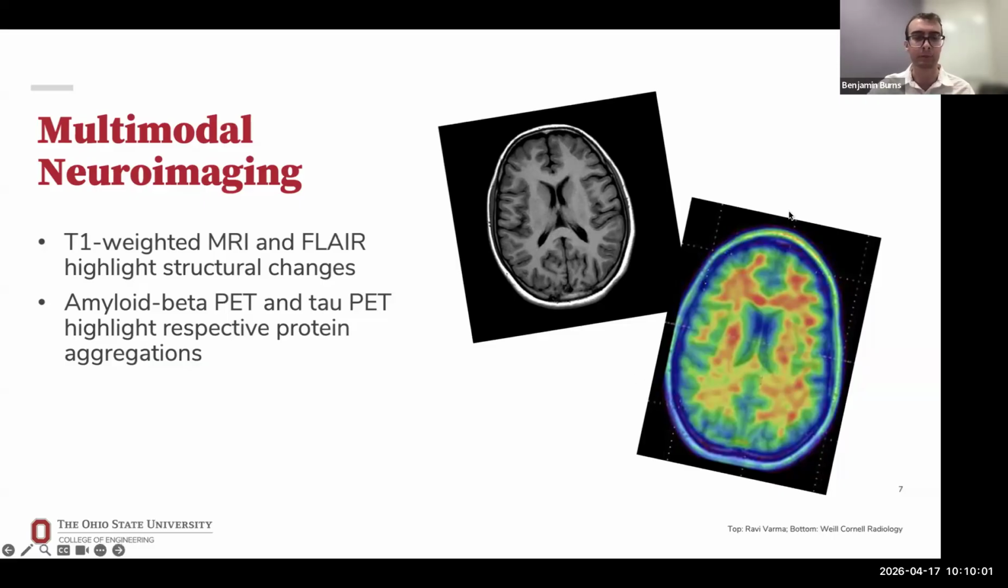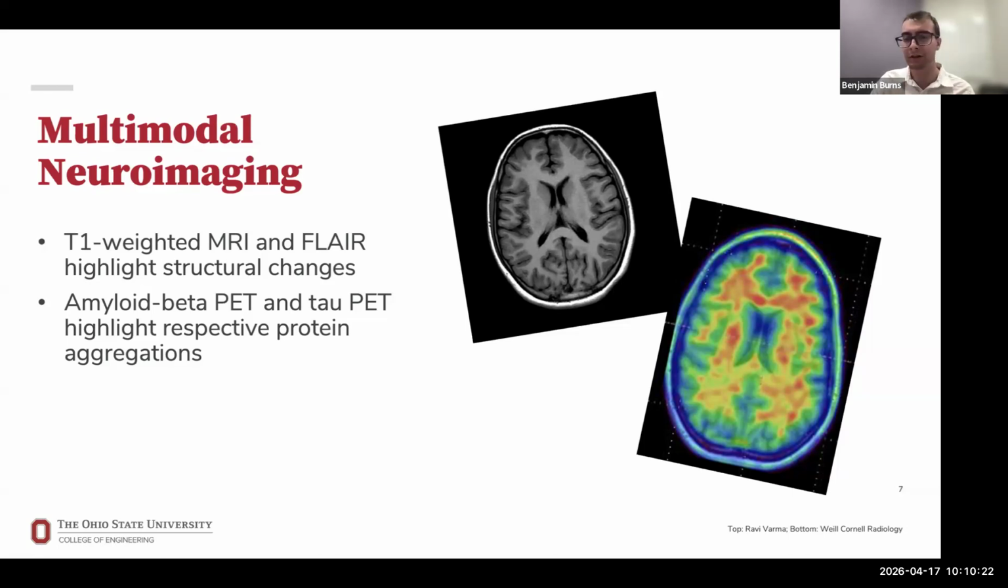And that would be an example, the sort of more colorful heat map-like image in the bottom right. Each of these modalities provides a complementary view of Alzheimer's disease that, when taken together, can give us a more holistic, clearer picture of the patient's current condition.